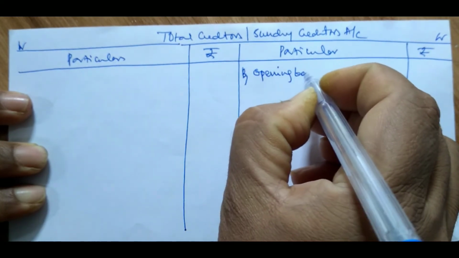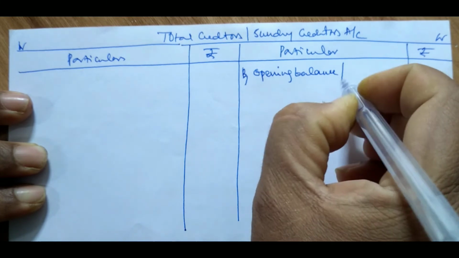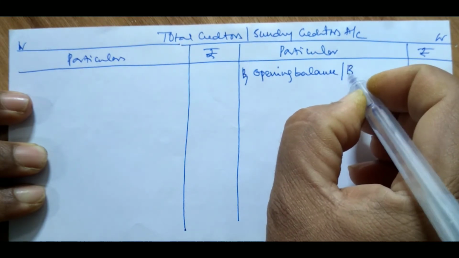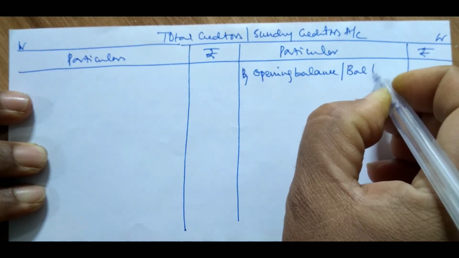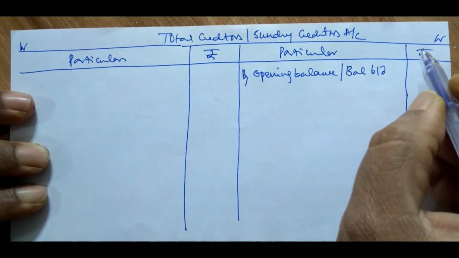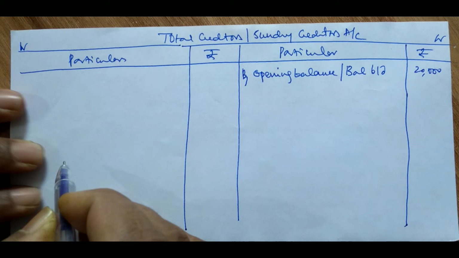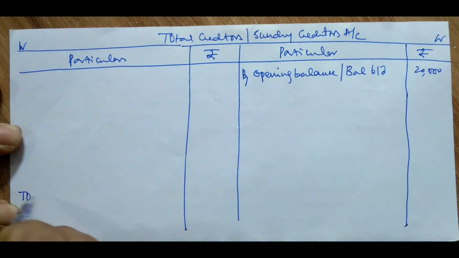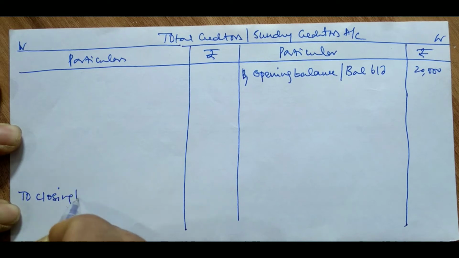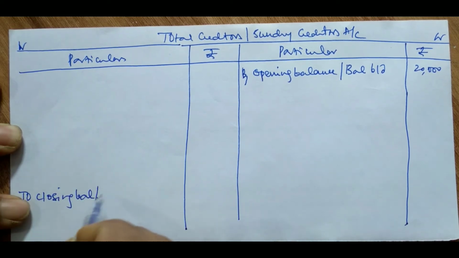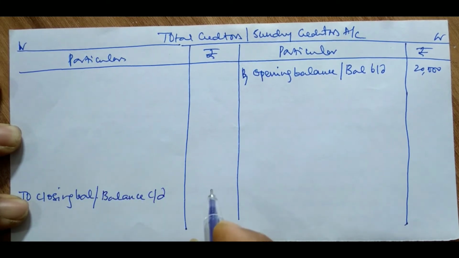Opening balance, or we can write balance brought down rupees 20,000. The closing balance, that is closing balance, or we can write balance carried down. It is rupees 20,000.